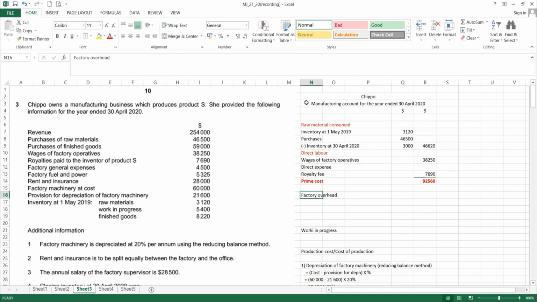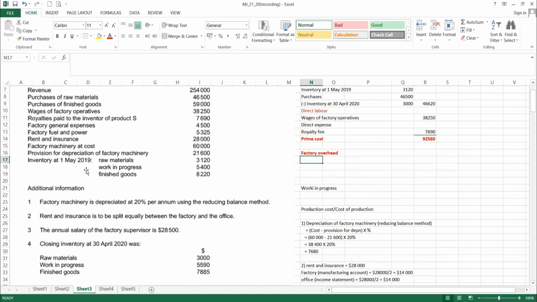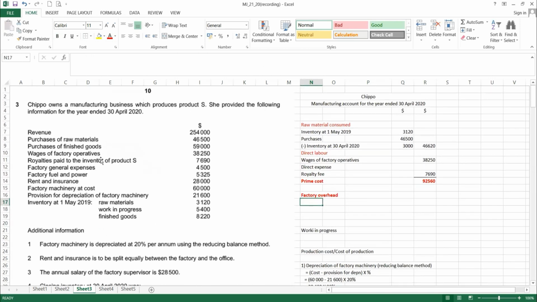Now the next is we want to calculate the factory overhead. So how many items are considered overhead? So long as you see the word factory, most likely it is related to factory overhead. For example, here we have factory general. Okay, we put in factory general expenses.